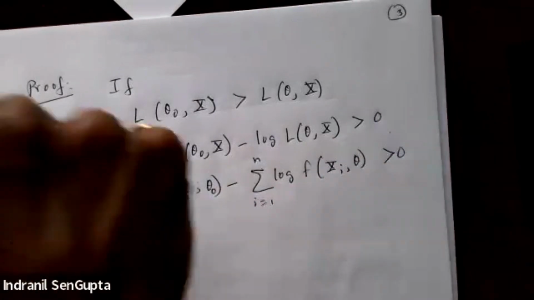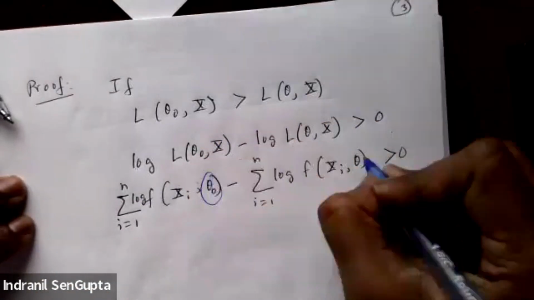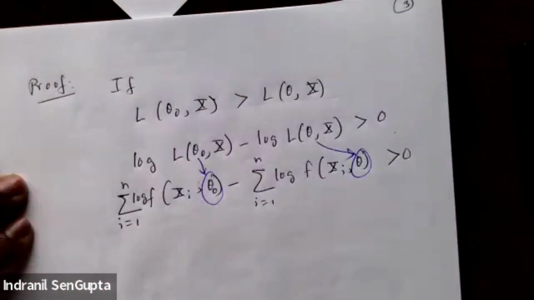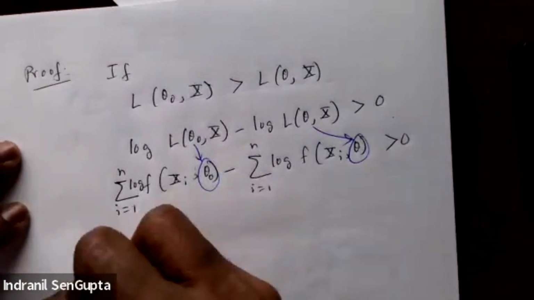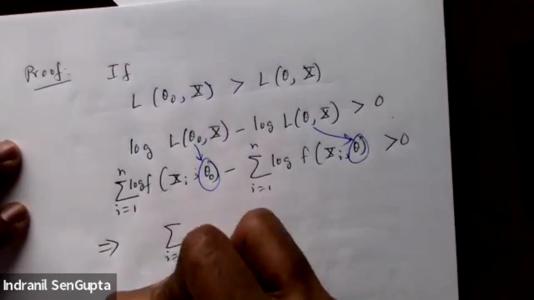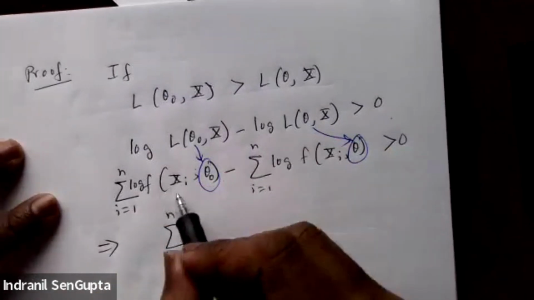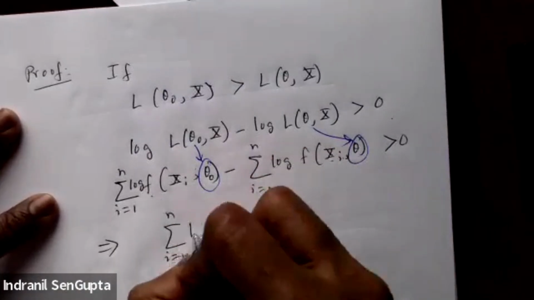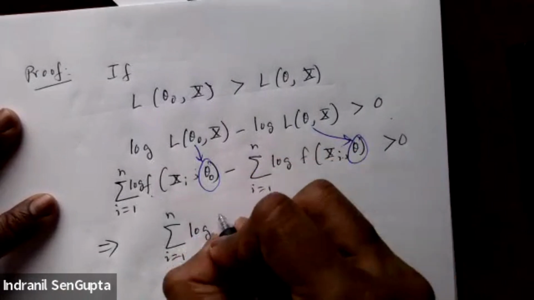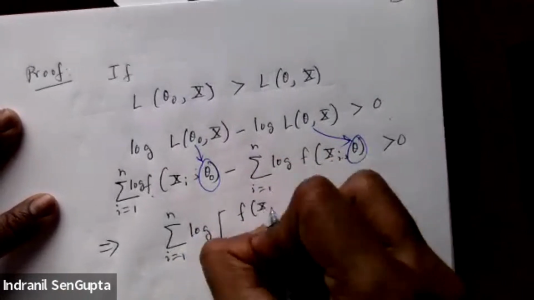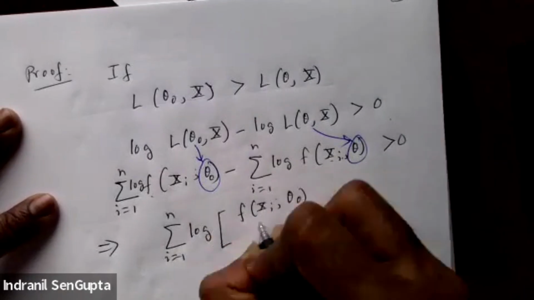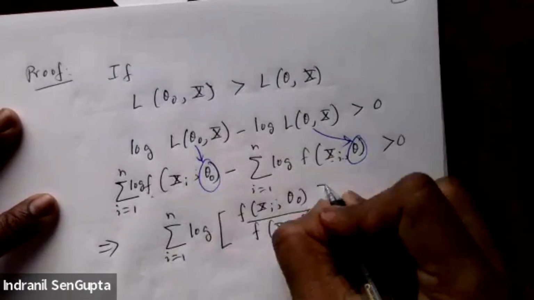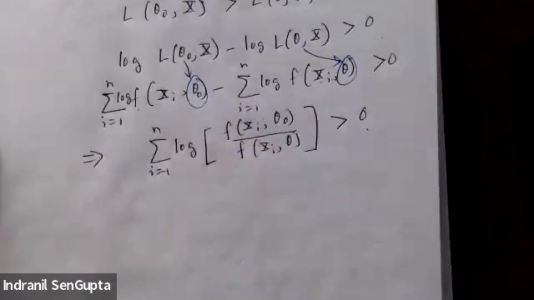The only difference between these two is that here it is theta 0 and here it is theta. If I just rewrite it, I get a bunch of logarithms, and if I subtract, I can pair them. So I can write the summation of the logarithm of f of xi theta 0 over f of xi theta, bigger than 0, right?